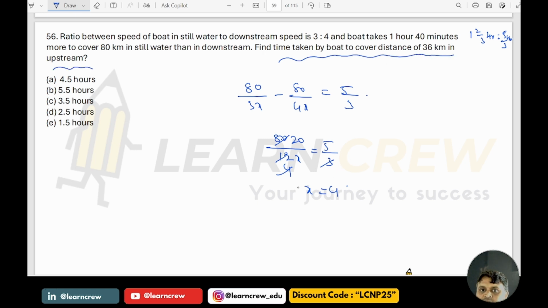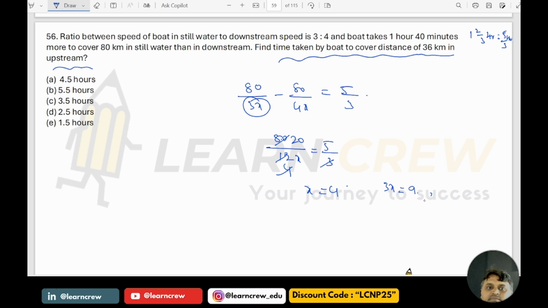So you got x as 4. So what is 3x? Speed of the boat in still water is 3x. Therefore 3x is 12. Yes or no?